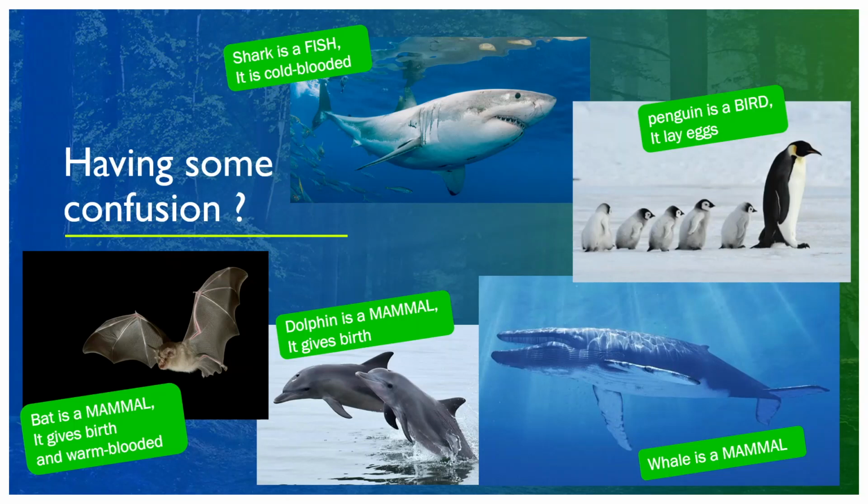So normally we think that dolphin and whale may be a fish, because they look like a fish, but in group type, they are from the mammal group. Okay, and the last one is the bat. Bat is also a mammal. It gives birth and is warm-blooded.